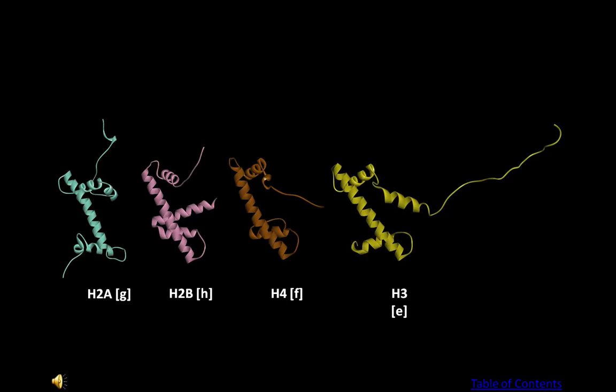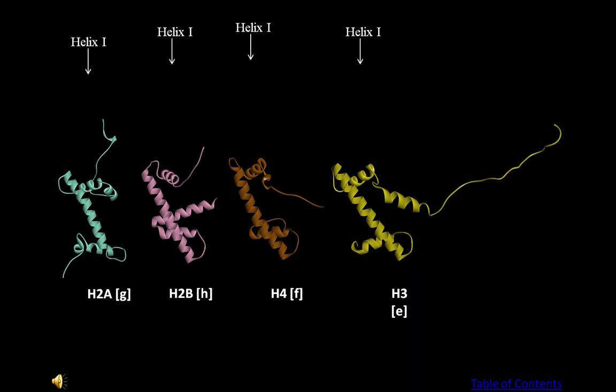To begin to solve this size mismatch problem, we'll need to start with a side-by-side comparison of the 4 histone subunits. I've arbitrarily chosen, for this comparison, the 4 which comprise the tetramer I previously referred to as the southern hemisphere of the histone octamer, namely H3, H4, H2A, and H2B, chains E, F, G, and H, respectively.